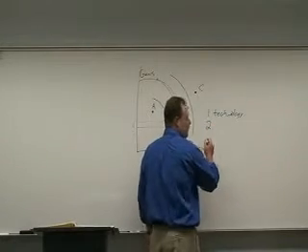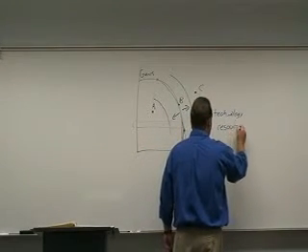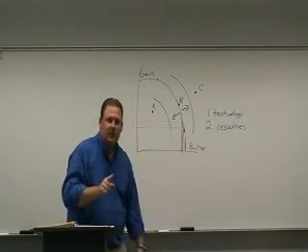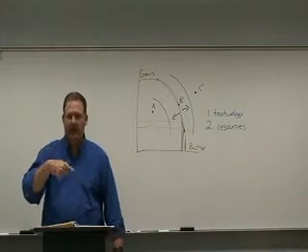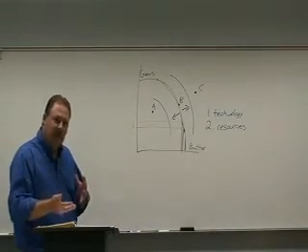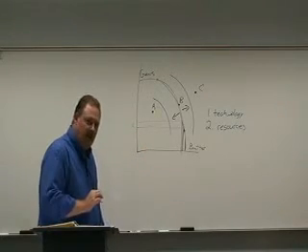The second thing that moves that curve is resources. Resources also shifts the curve. And that can be just the birth of new people. As more and more population grows, that's a resource. But it can be thought of another way.